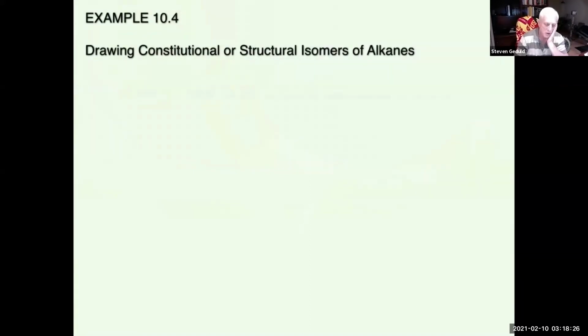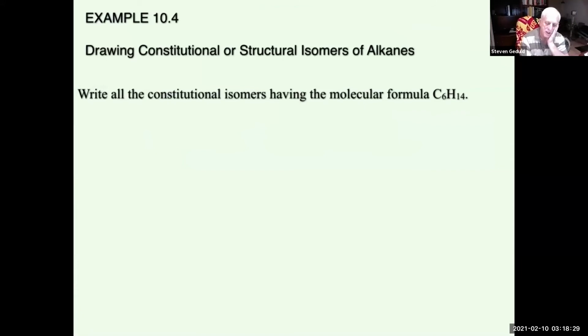Drawing constitutional isomers: write all constitutional isomers for the formula C6H14. You can write a whole bunch of different isomers by rearranging and giving different branch structures for 6 carbons and 14 hydrogens. The first one is hexane.